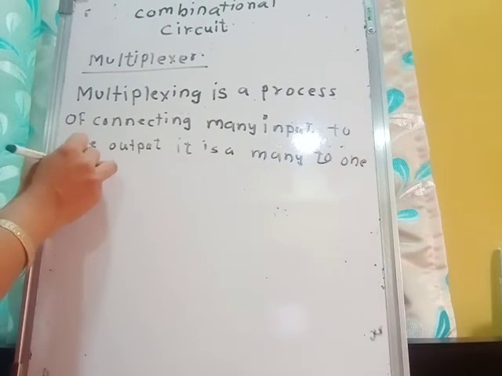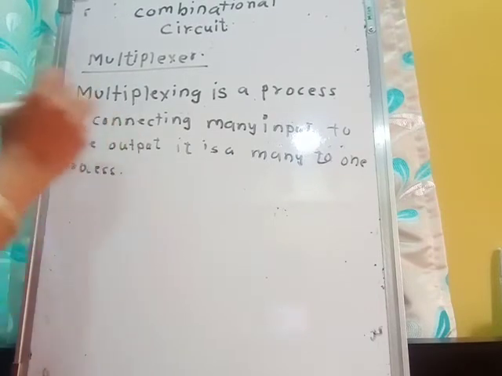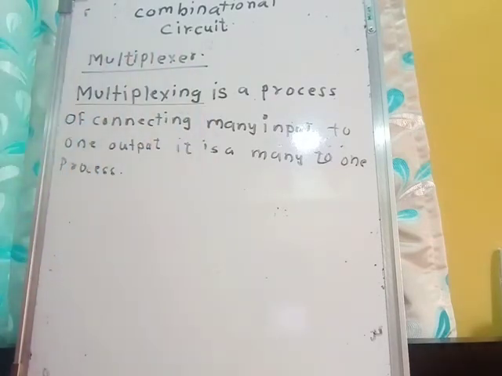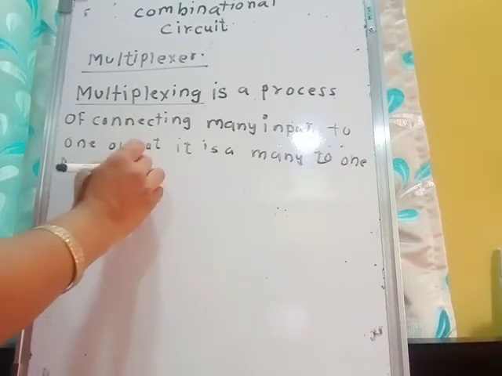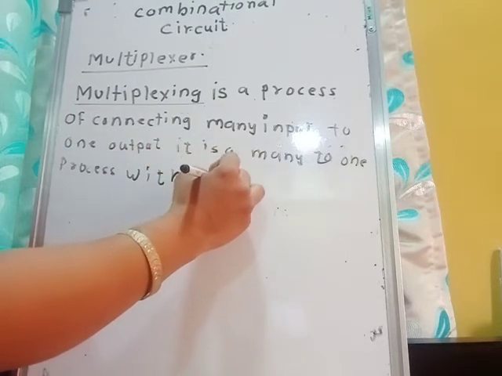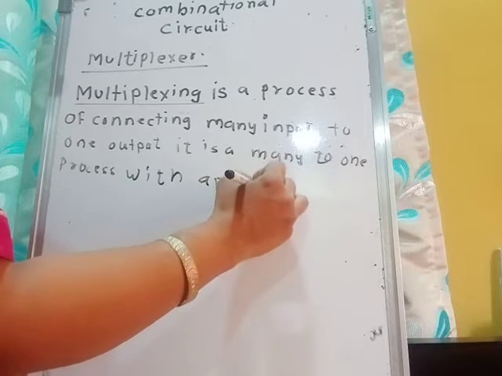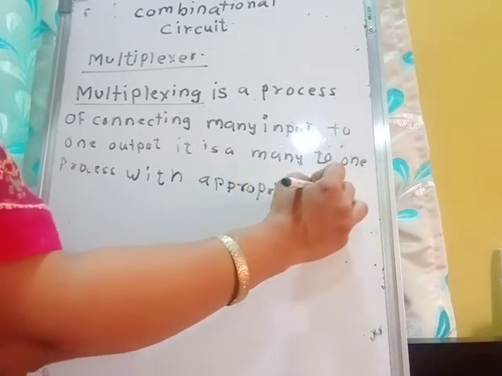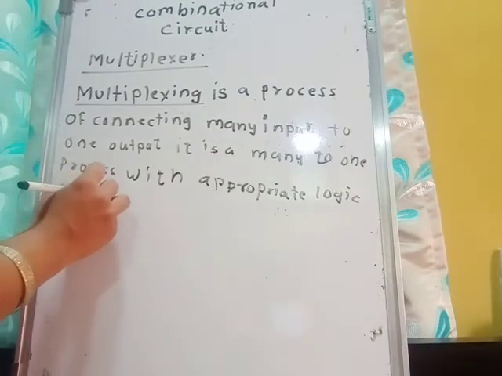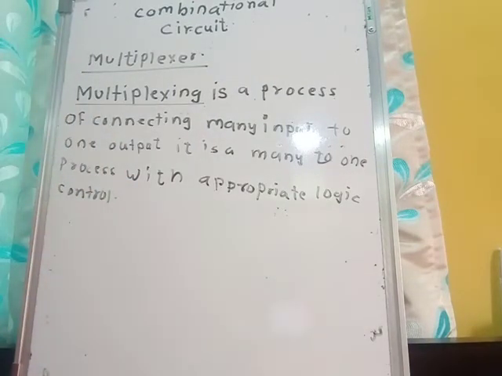If you want, you can note it down from the board as a note. So multiplexing is a process of connecting many inputs to one output, with appropriate logic control. You can note down this definition.